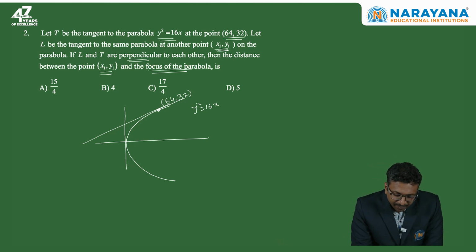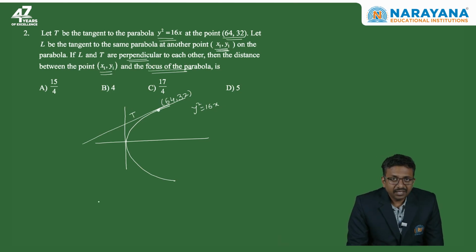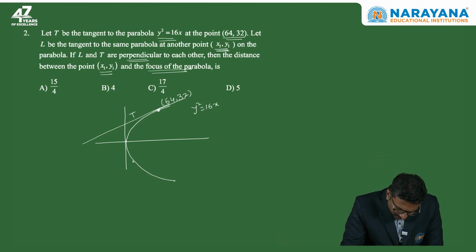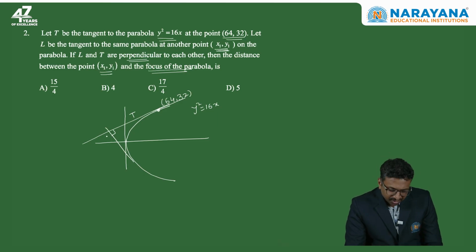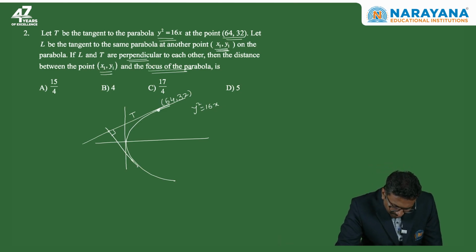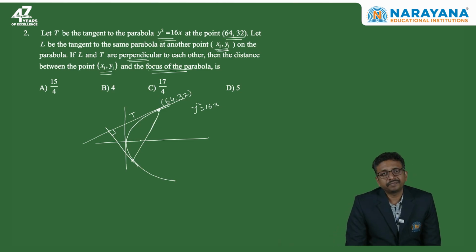If L and T are perpendicular to each other, that means this is tangent T. Now you have drawn a perpendicular tangent to this. So we know the concept of perpendicular tangents in a parabola, right? The perpendicular tangents to the parabola meet on the directrix. That's the first condition. And the points of contact, if you join together, they'll form a focal chord.